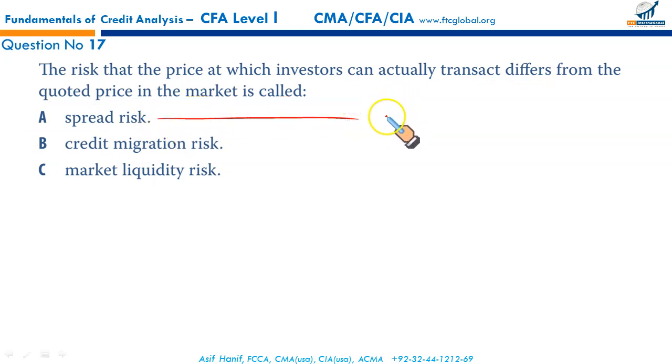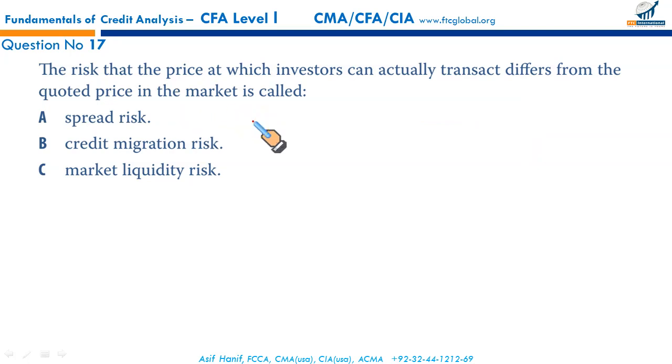Spread risk is the gap between the debt instrument's yield and the yield of default-free government bonds. So let's say this is 3%. So this is 7%. So the risk that this spread may widen beyond 7% is called the spread risk. All right, let's erase this.